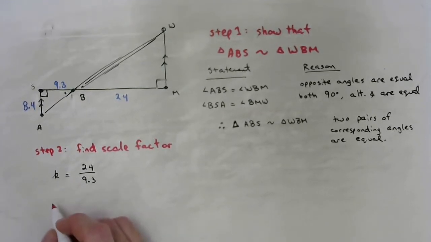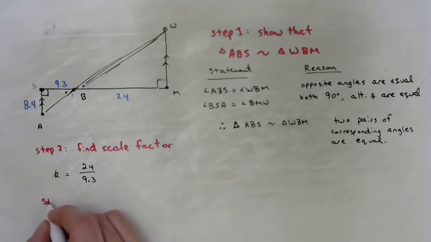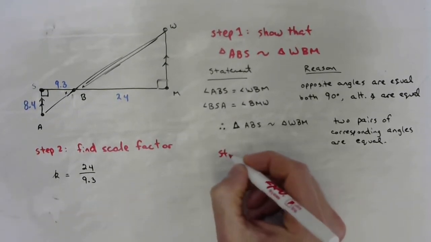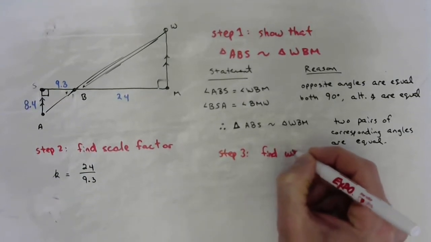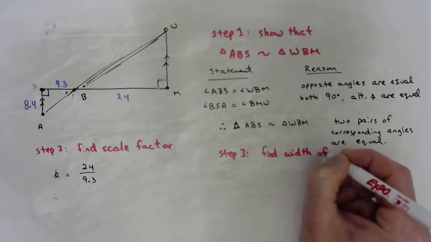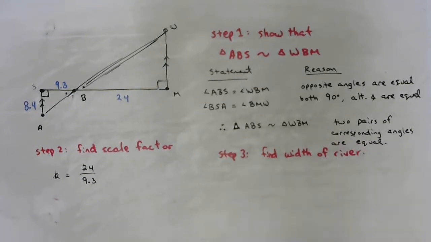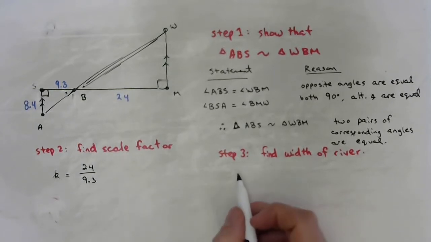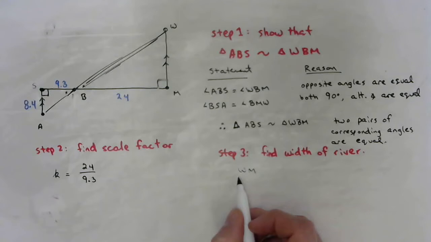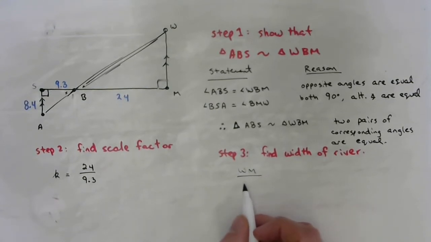So step 3, find the width of the river. Again, I know I'm looking for WM. You said that WM corresponds to SA or AS.